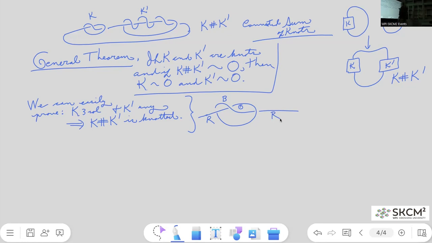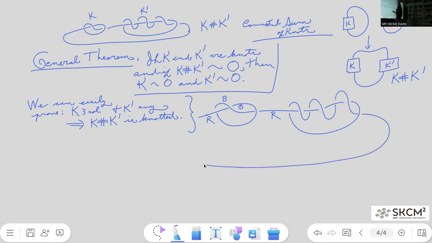And now I have some other knot. And now I come back to where I started. And I color the other knot with that one color everywhere. That's okay. One color rule, right? Just take the other knot and color it all red.